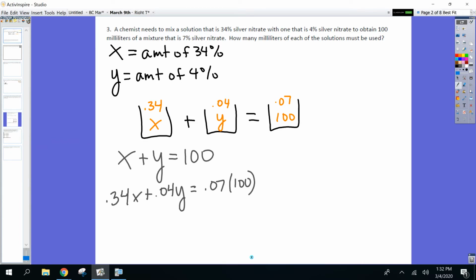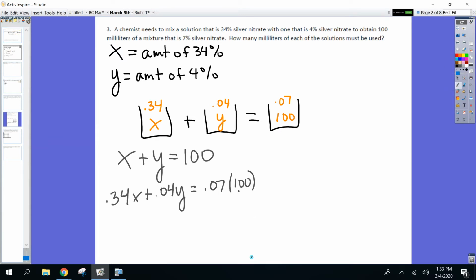Okay, it's always the percent of the solution times how much you have. I have 4% solution of Y, because that's what I called it in the variable. Here you have 7% of 100. I already know how much. No variable there. So that's why I'm multiplying them. All right, let's clean that up together here.